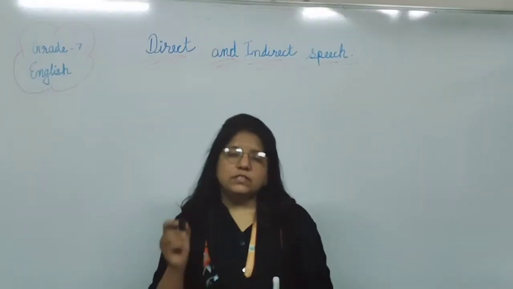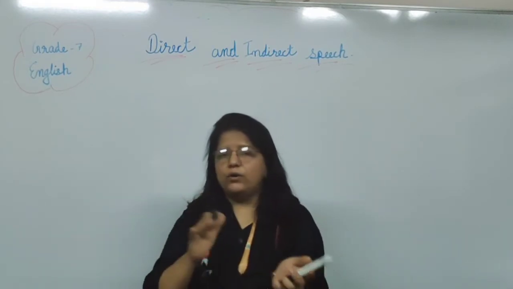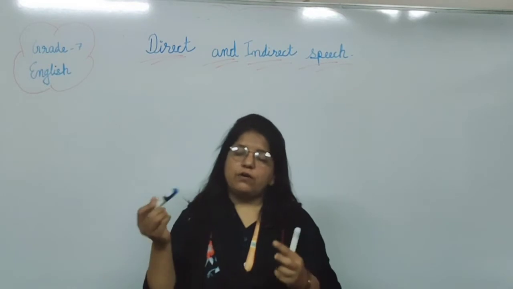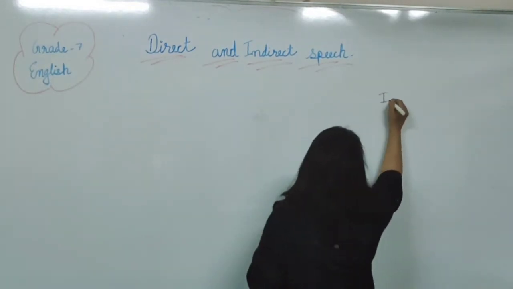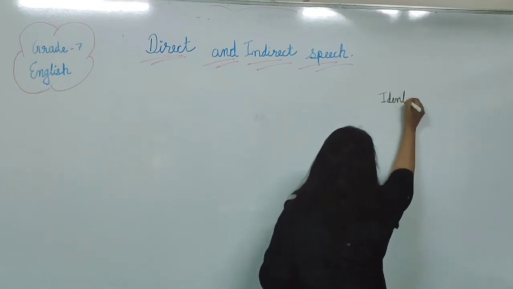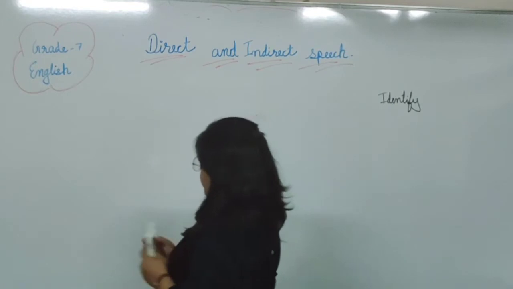Now we will understand the steps which I have told you thoroughly, how you can carry out these steps. First it was identify. Now what are the things that you have to identify?